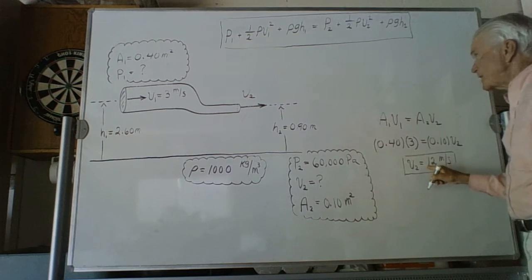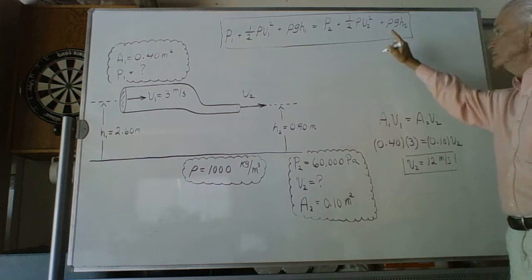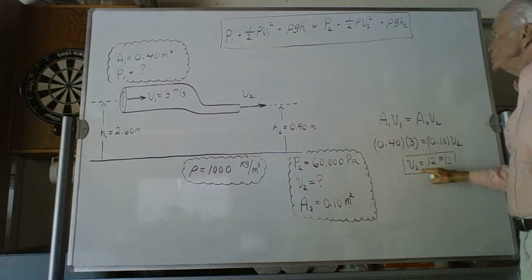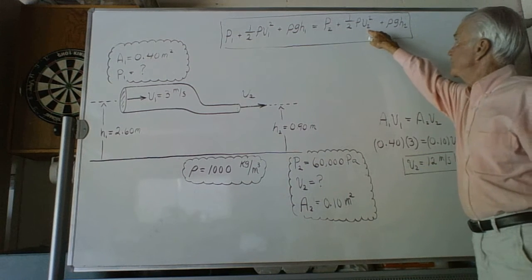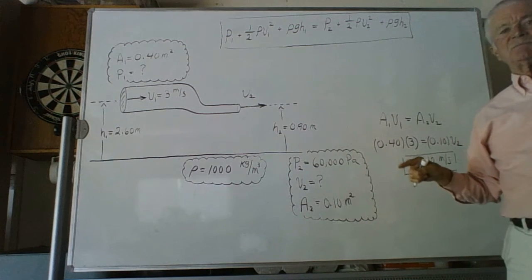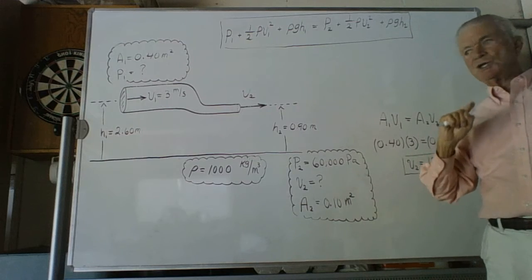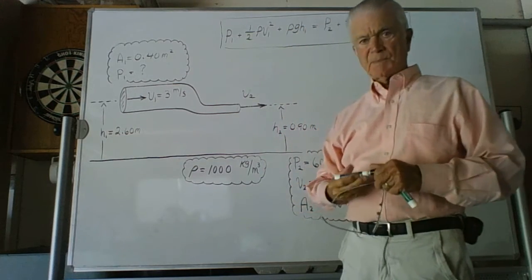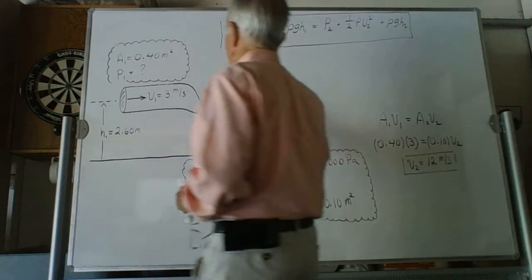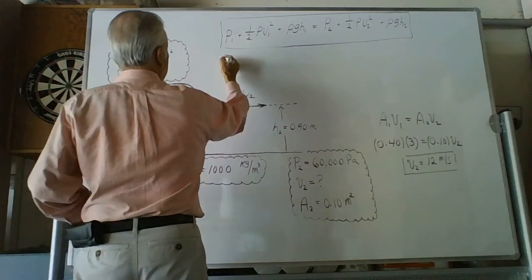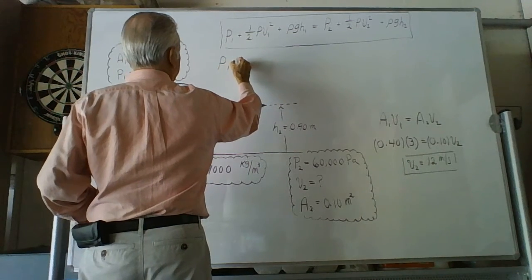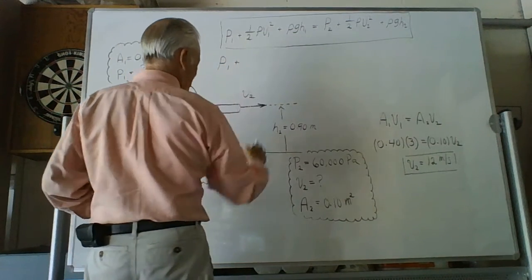We'll need this value when we finish the problem by using Bernoulli's equation. We put this value of V2 in there, and what will remain in Bernoulli's equation is just one unknown, P1. All right, let's do the substitution. P1 still unknown. Rho is 1,000.